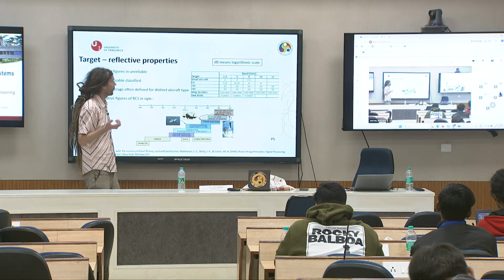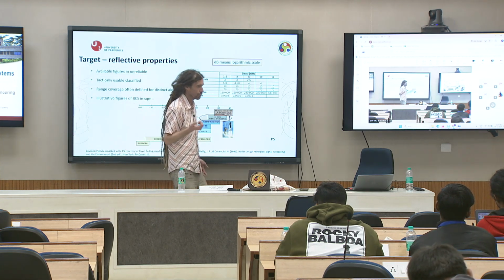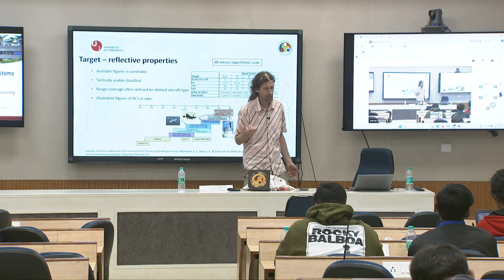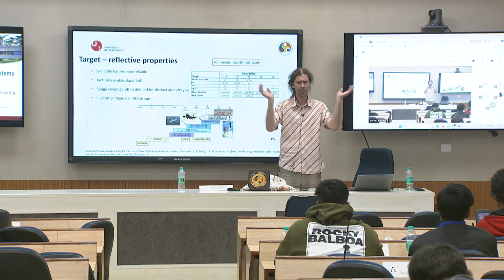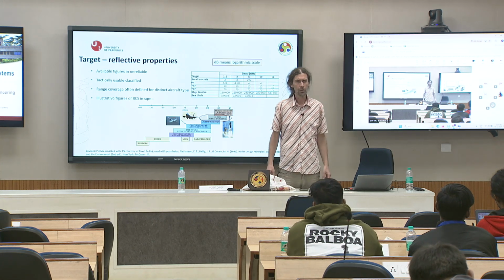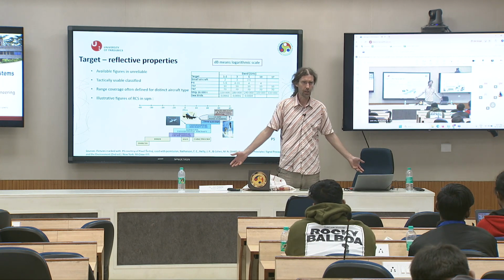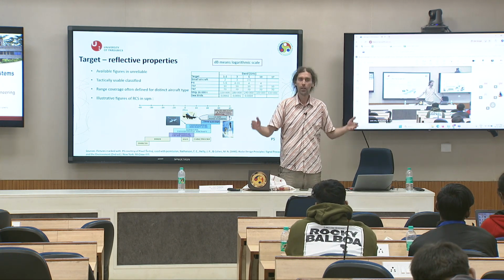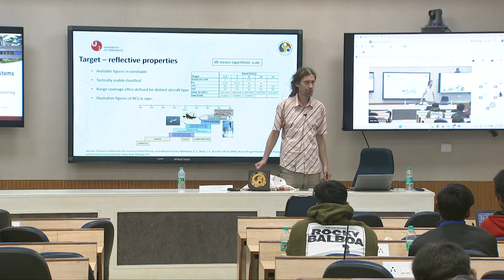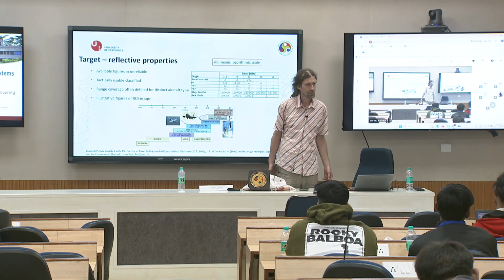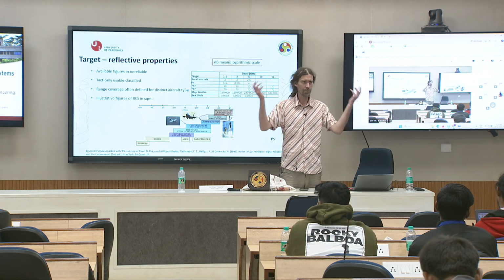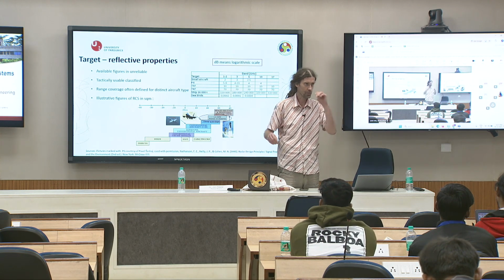For measuring RCS, if you want to measure some UAVs or targets or antennas, what do you need? You need an anechoic chamber, of course. Why? Because I need to remove any influence of signals in the environment. I need just the reflection from this one.